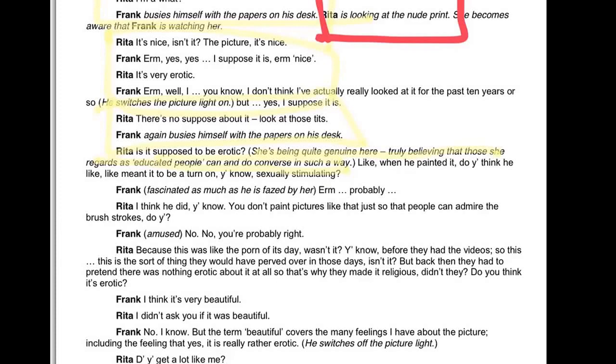So here she's being quite genuine, truly believing that educated people converse in such a way. What we're seeing is Willie Russell talking about this idea of being educated as being some form of performance. The irony is that this is also being performed on a stage, and that being educated isn't an objective reality. It's something, again, that we perform.